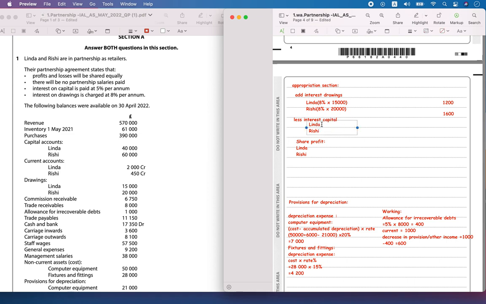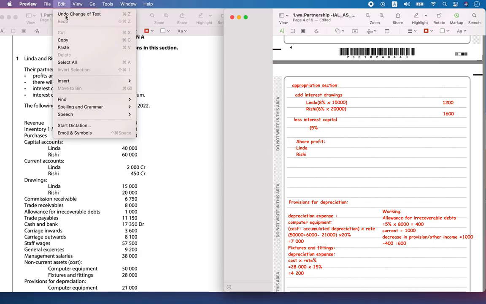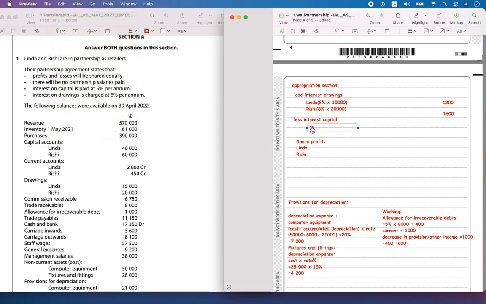Now we have to deduct the interest on capital. For Linda it is 5% of the capital, which was 40,000, and for Rishi it is 5% of 60,000.